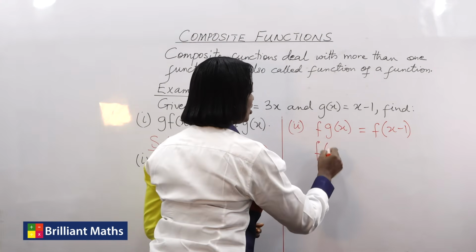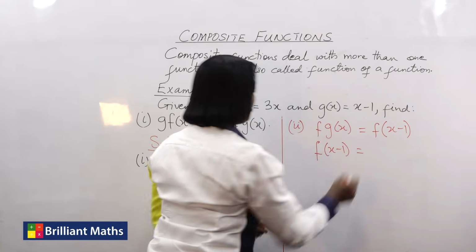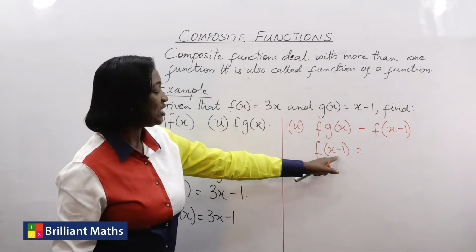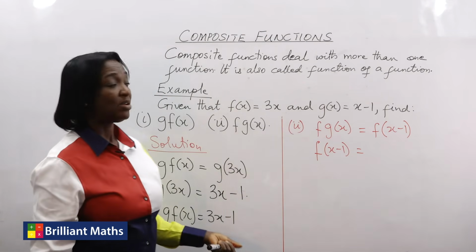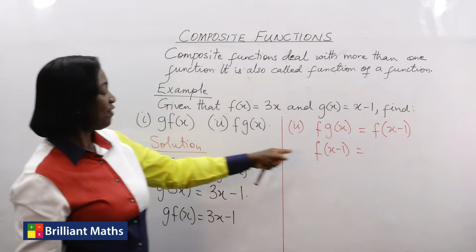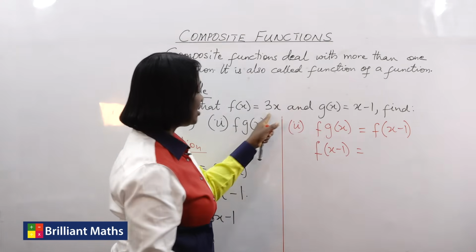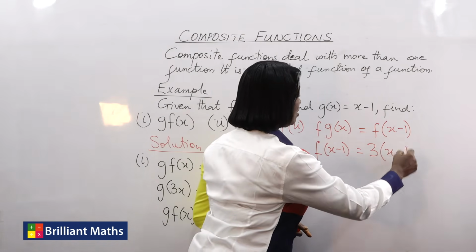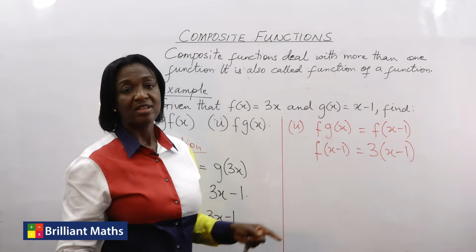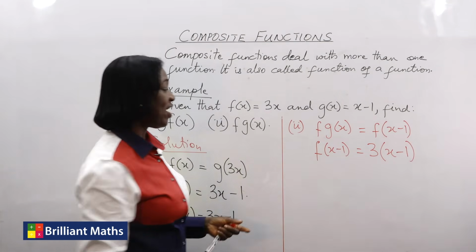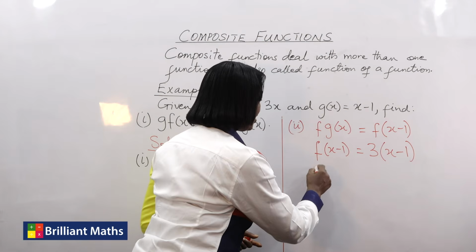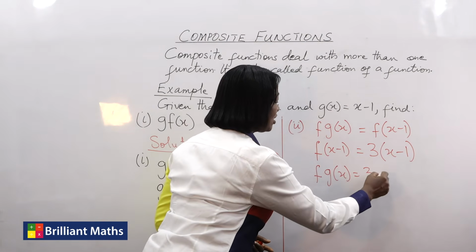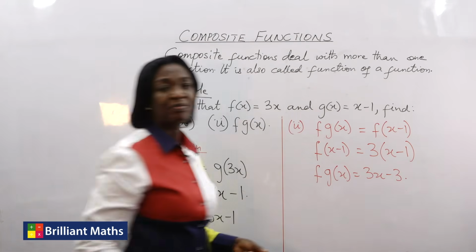And in our function f of x, wherever we see x, we replace it with x minus 1. So f of x minus 1 is 3x, and that becomes 3 into x minus 1. If you simplify that, so we have that f g of x is equal to 3x minus 3.